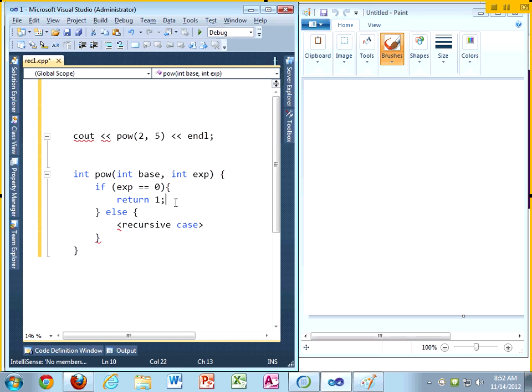All right, I guess just one other thing about the base case. I think this is obvious, but just to make it clear, the base case has to be a situation where you don't have to make a recursive call.